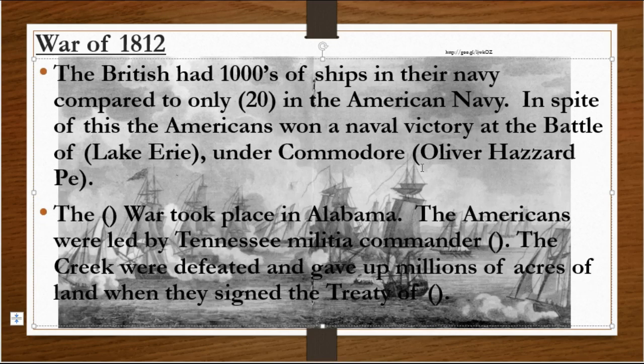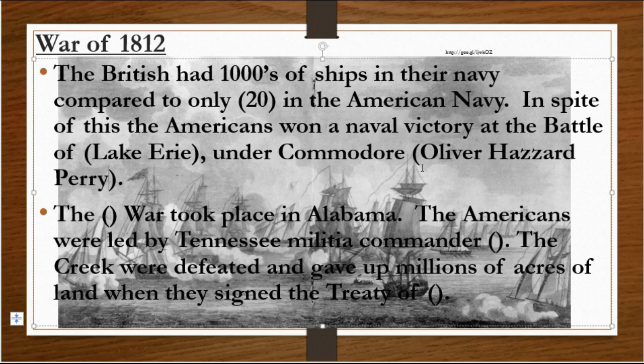If you've never been to the Great Lakes before, you may think, why was there a battle on a lake? Well, Lake Erie is one of the Great Lakes, so it's huge. This is much bigger than any lake from around here. And so the lake was huge, and the Americans fought against the British, and under Oliver Hazard Perry, they were able to defeat the British at the Battle of Lake Erie.